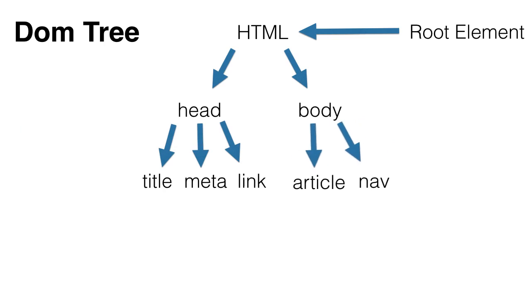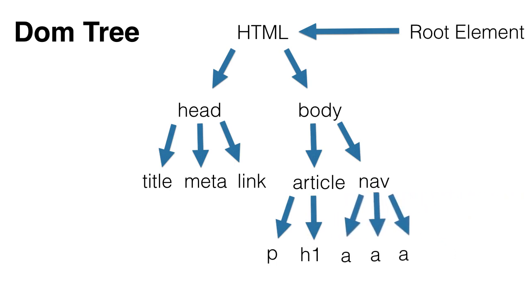Like you see right now, the body has an article child and a nav child. These could also have children, like the paragraph, h1, or anchor tags. So basically this is what the DOM tree is about.